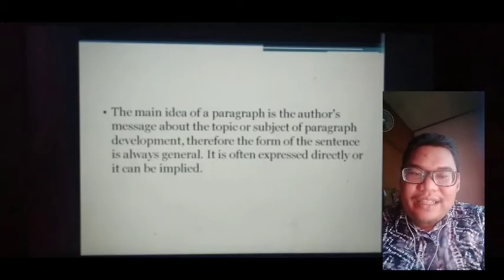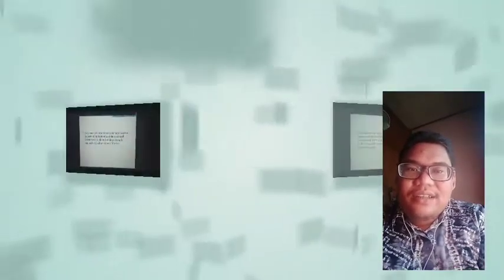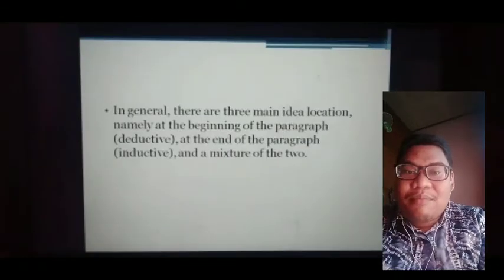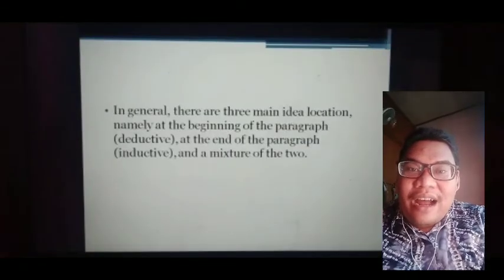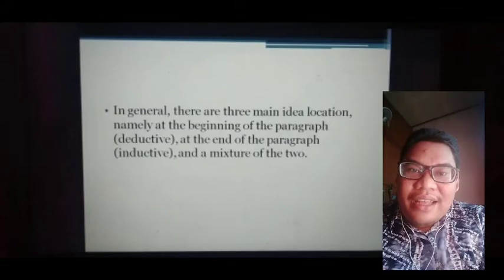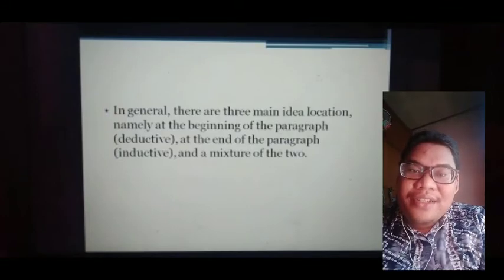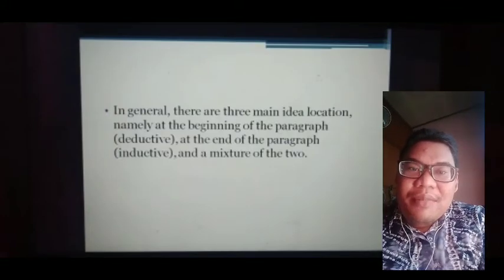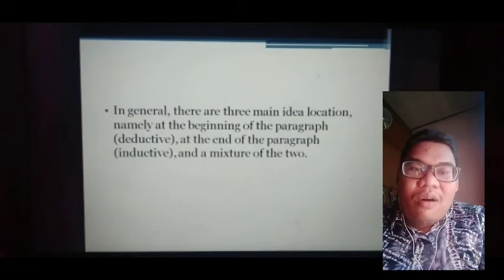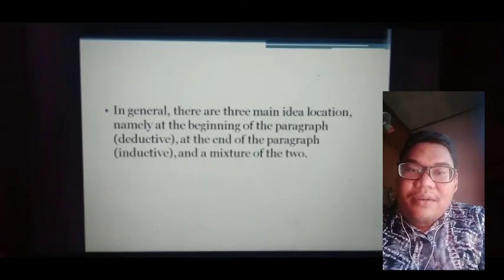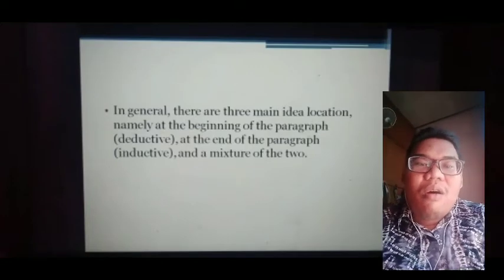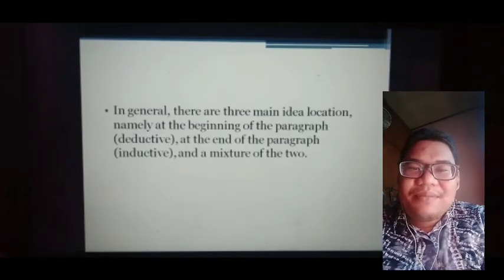Okay, next is the kinds of main idea. In general, there are three main idea locations, namely at the beginning of the paragraph or deductive, at the end of the paragraph or inductive, and a mix of two.